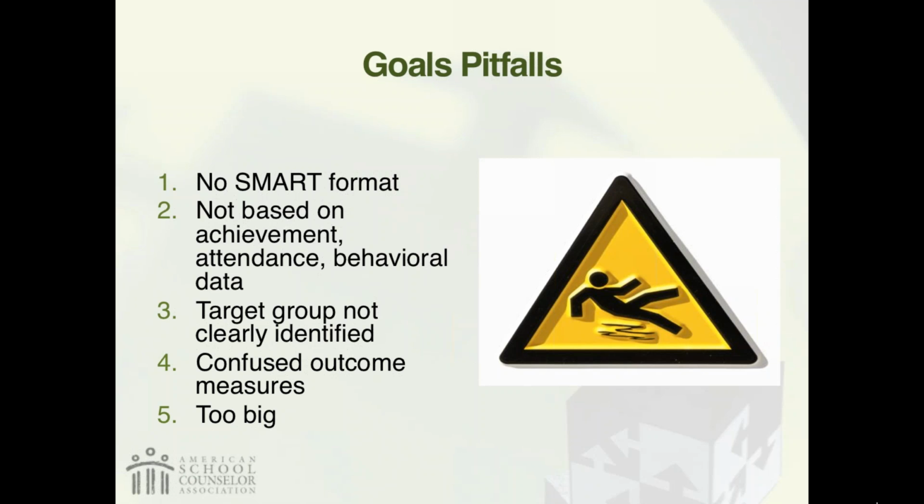And then I think a place where oftentimes there's confusion, and folks don't do as well on their goals, is they don't understand the difference between perception data and outcome data. This is where you really need to look at the ASCA National Model and the National Model Implementation Guide, because they give you a very clear description of the difference between perception data and outcome data.